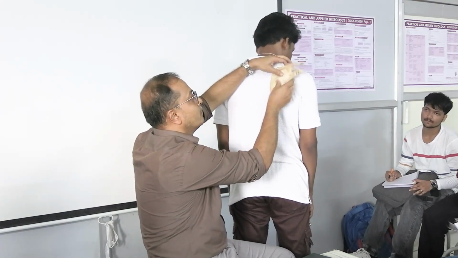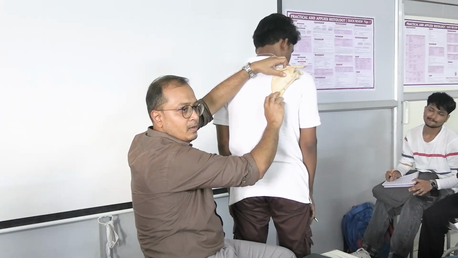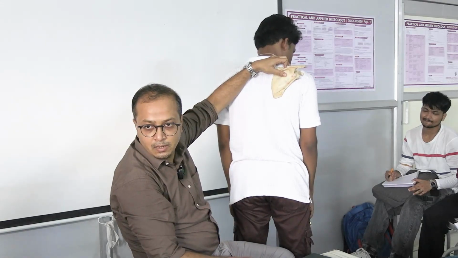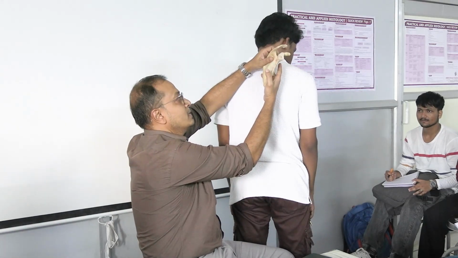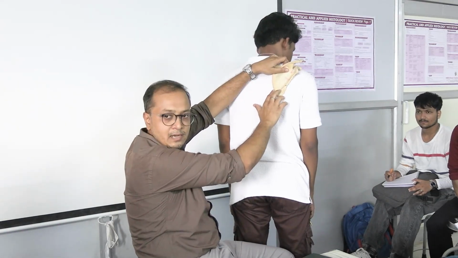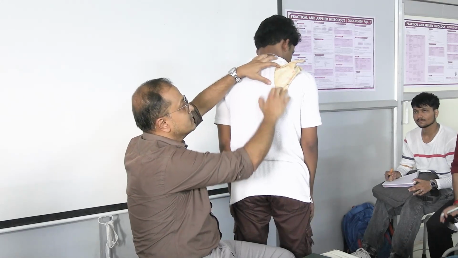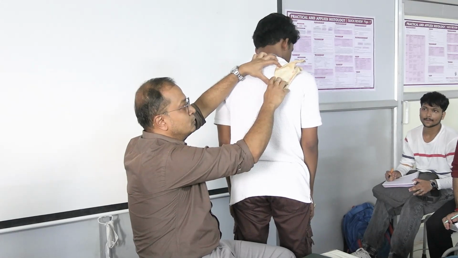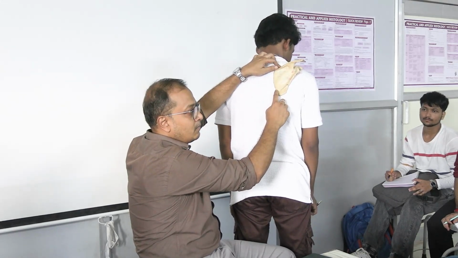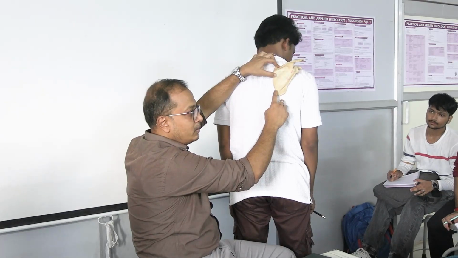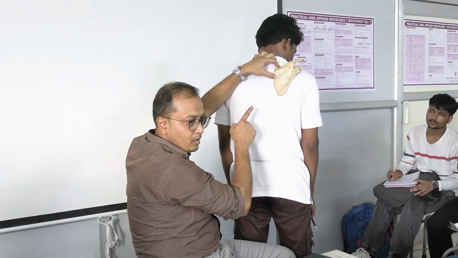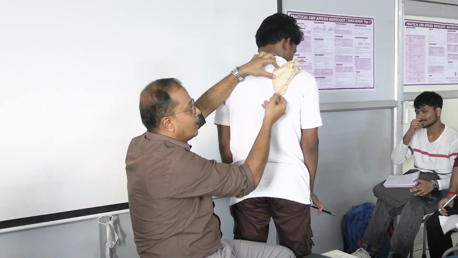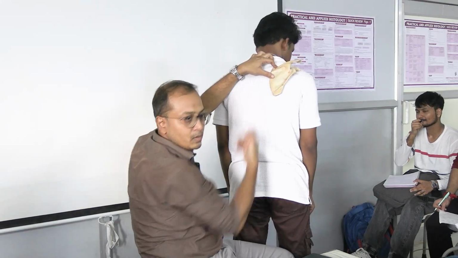So this particular one is the vertebral border. We call it the medial border as well. So the medial border has this one as the anterior side, this as the posterior side. On the posterior side, 3 muscles are attached: 1, 2, 3. Levator scapulae, rhomboid minor, major. Now this inner side, we cannot see it.